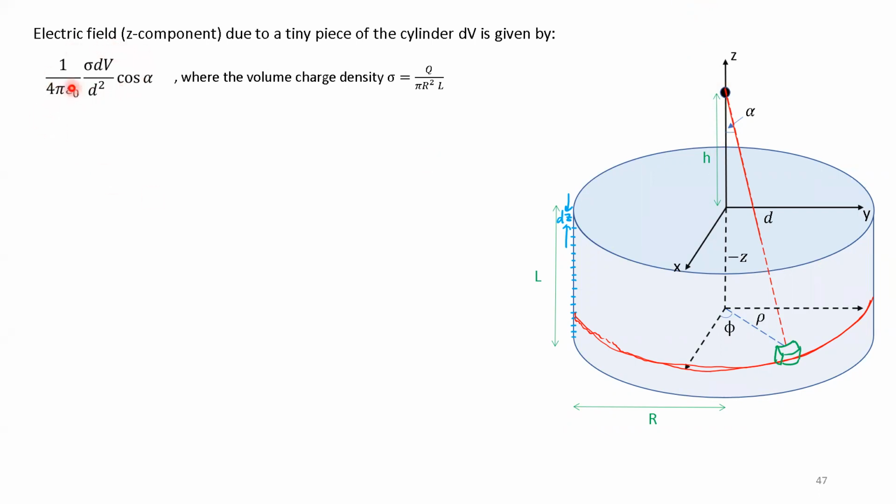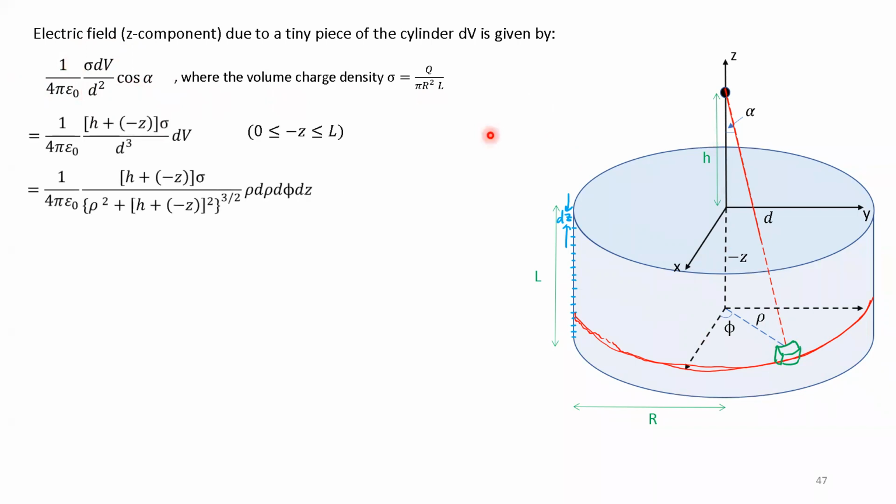So then this is the Coulomb's law, right? Again, it is the Coulomb's law considering just this small volume element dV. So now you just need to convert all these angles to the variables that we will be using.